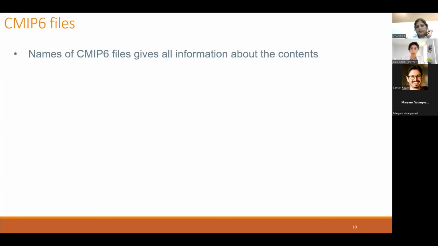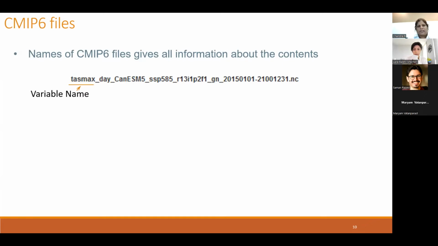So if you look at the name of the CMIP6 files, you don't have to go inside the CMIP NC files and see what is in there. If you look at the name, it has a very clear explanation of what it is going to contain. For example, this is one file name which I got from the ESGF webpage, for which I have downloaded the script.